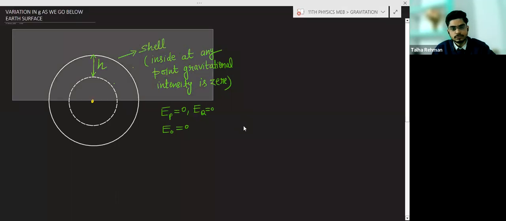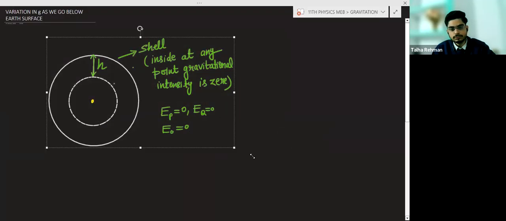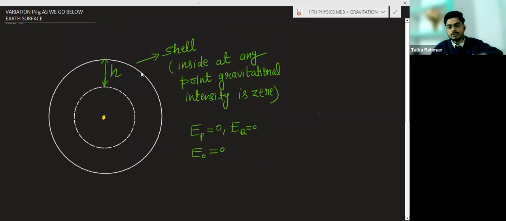Now we are below the surface, at depth h of the Earth. So when we find the acceleration due to gravity here, it will be due to only this inner mass of the Earth, not this outer mass. This outer mass will not contribute to the acceleration due to gravity here. Why?